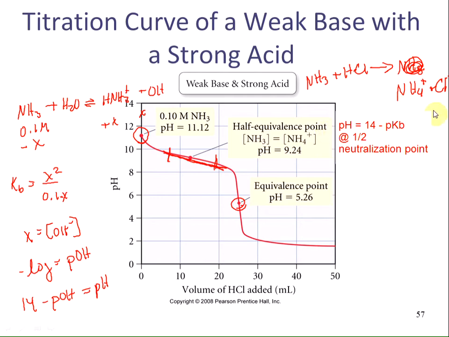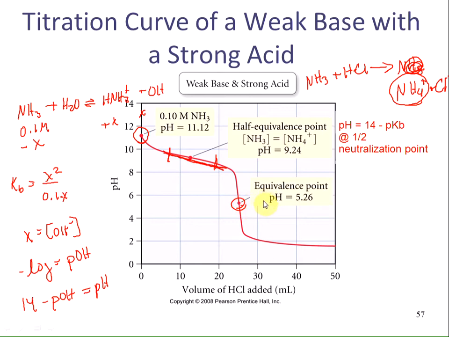So at the equivalence point, you have the ammonium, no more ammonia and no more HCl. So the pH should be acidic at the equivalence point. This is why at the equivalence point the pH is acidic, because all of the weak base has been converted to the weak acid.